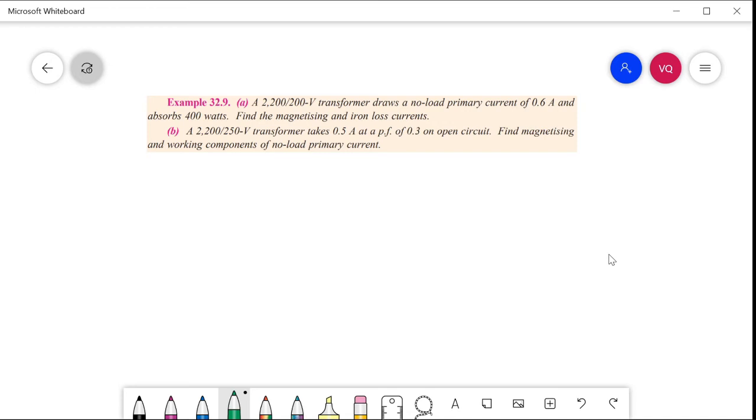Find the magnetizing and iron loss currents. Letter B, a 2200/250 volts transformer takes 0.5 amperes at a power factor of 0.3 on open circuit. Find the magnetizing and working components of no-load primary current.